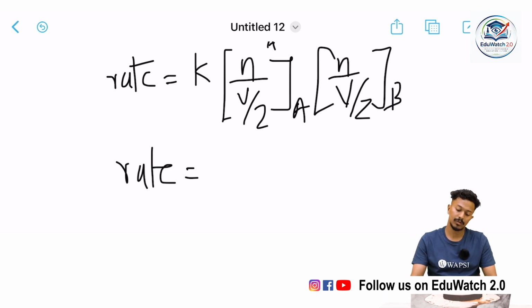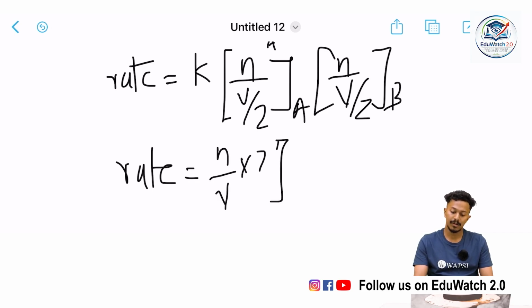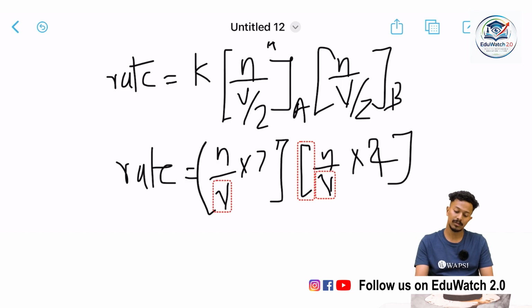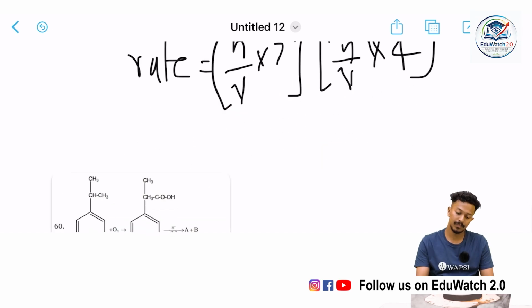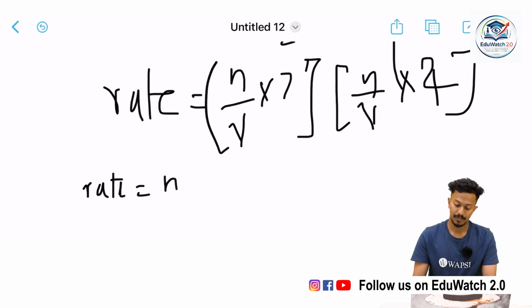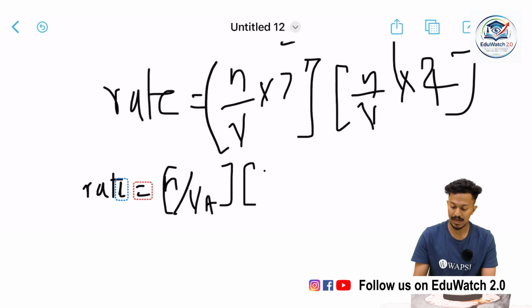So that n by V into 2, then n by V squared into 4, 2 squared is 4, which comes rate is equal to K n by V A into n by V B into 8.